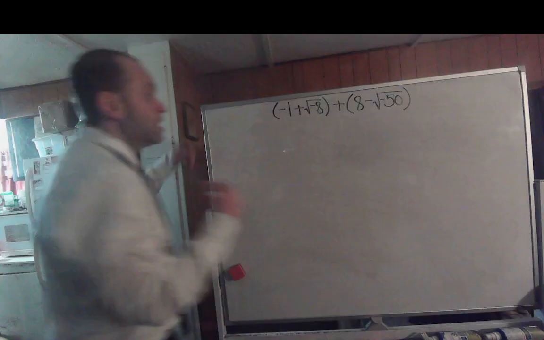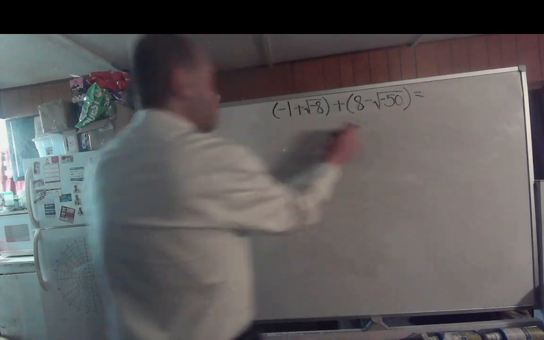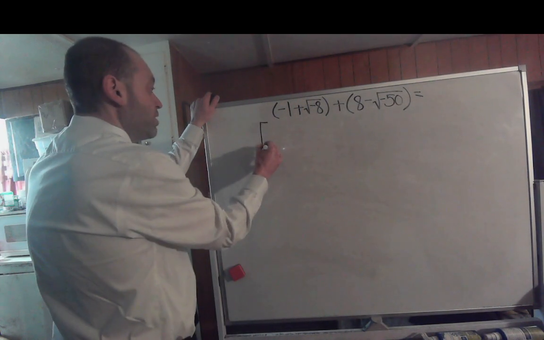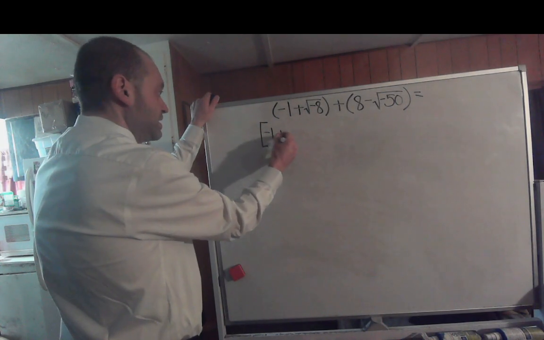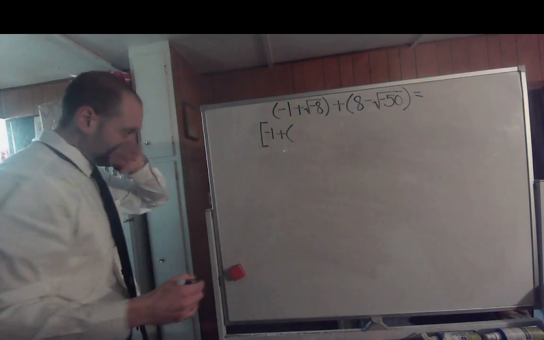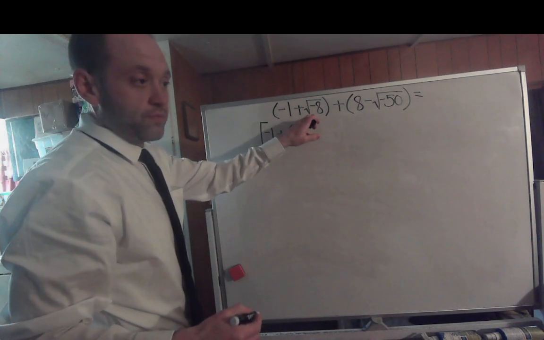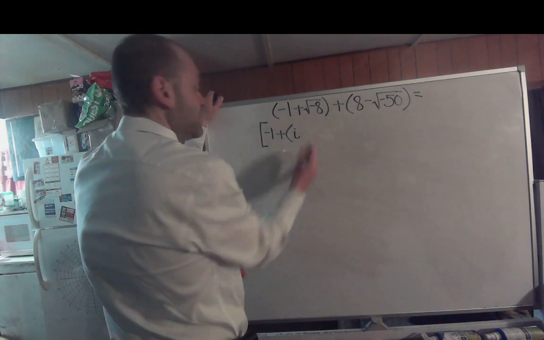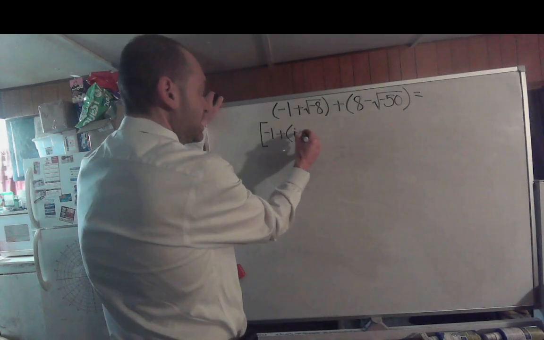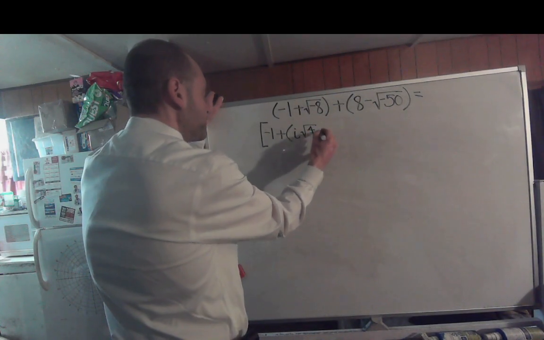Okay. Well, let's break down each of these quantities here. So let's set up our brackets. So you'll have the first quantity, negative 1 plus, in parentheses, the square root of negative 1 times the square root of 8. So that turns into i times the square root of 4 times the square root of 2.